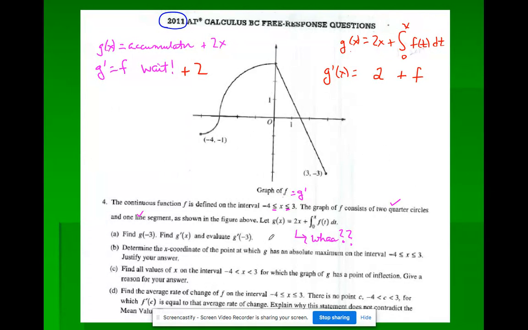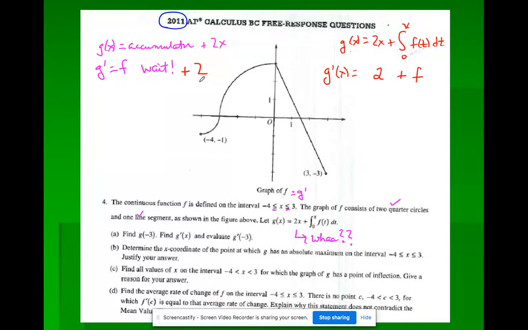So that, we hadn't seen that before. We had seen constants here. So if that was just a 2, it wouldn't matter, right? Because g prime would still be the derivative of a sum is the sum of the derivatives. But if this thing here was a constant, the derivative would just be 0. So you're left with the derivative just being the integrand. But this time it is the integrand plus 2.